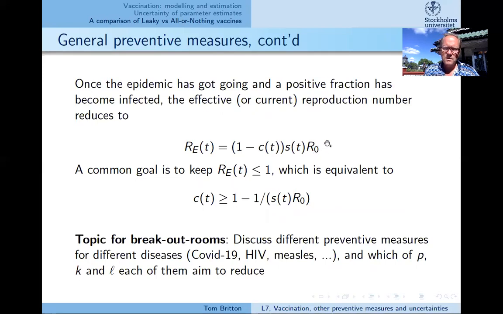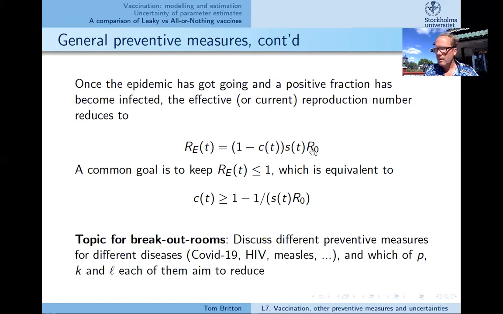And I want to emphasize that this relies on a homogeneously mixing community. If it was not homogeneously mixing, then this R0 should also vary with time, because it should reflect how many infectious contacts the people that get infected at time t have, if everyone was susceptible and there was no reduction.